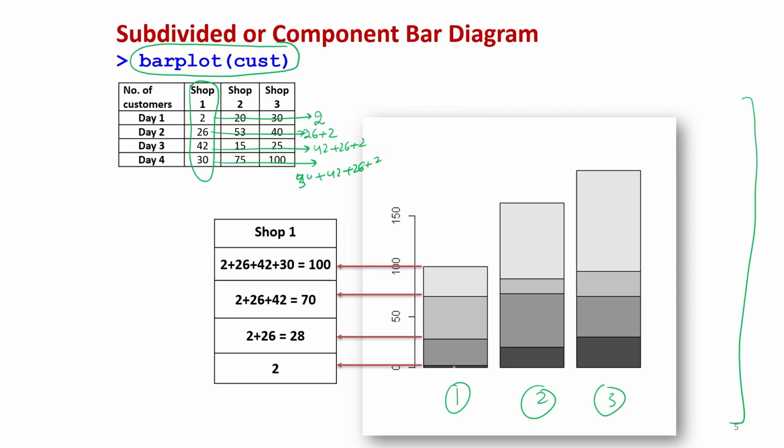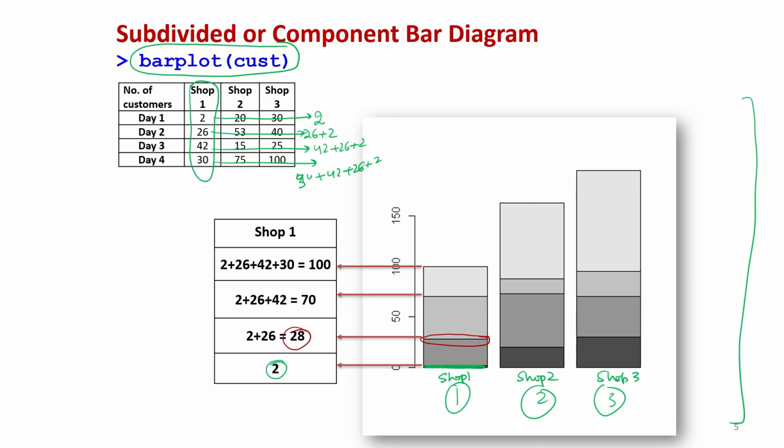So here this is shop 1, shop 2, and shop 3. If you look at the first line, in the darkest gray color, this is indicating the value 2. Now if you come to the second line, this is indicating the value 26 plus 2, which is 28.